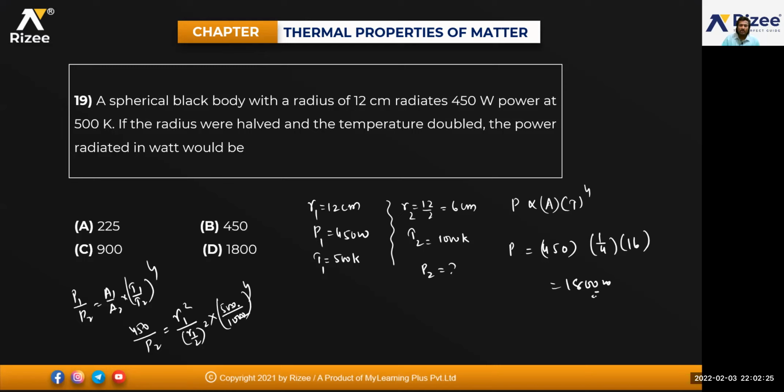This 2 and this 2 will get cancelled. So 450 divided by P2 equals R1 square will get cancelled, 2 square is 4, into 5 by 10 to the power of 4.